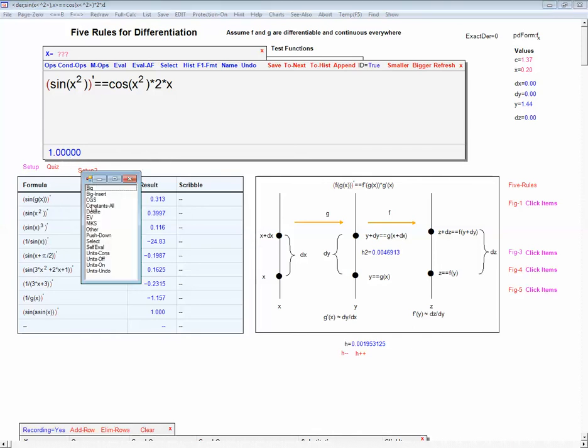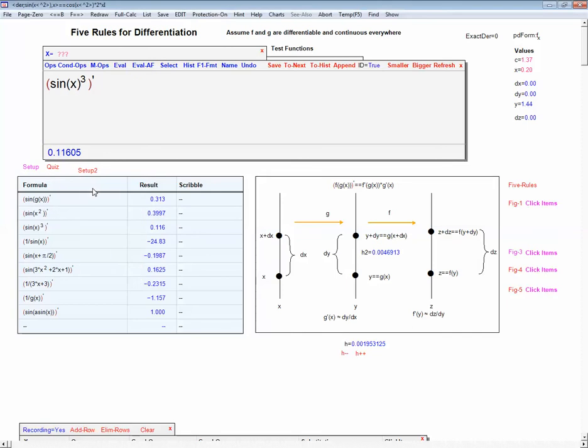Let's look at another one. Okay, what's the inner function and outer function here? Well, what's getting applied to x first? This notation means the sine is getting applied to x, and then the whole thing is being cubed. So the outer function is the cubing function. And we know how to take the derivative of the cubing function.